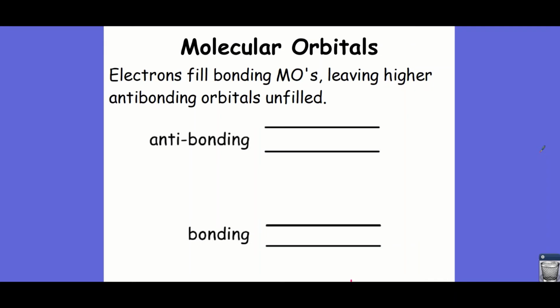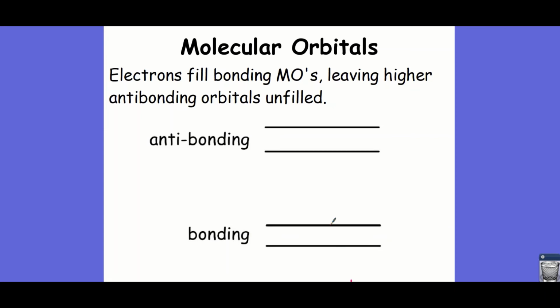When we started looking at molecular orbitals, we started thinking about atomic orbitals and how they combine when electrons are shared. We also learned that when you form a bonding orbital, we also form an anti-bonding orbital, because we need an equal and opposite action to the formation of these bonding orbitals.